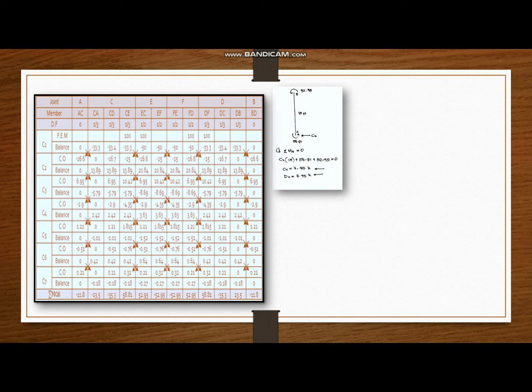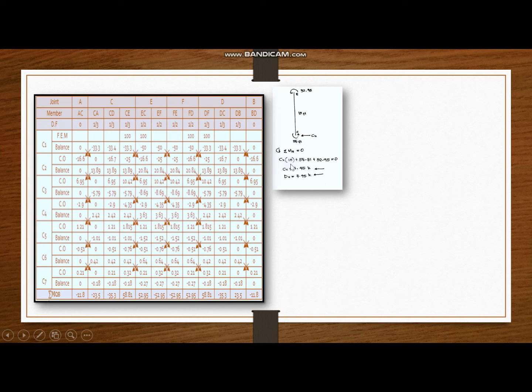Next is for our member CE. So, 15.95 and our length is 15 feet. So, our force is 58.81. So, all counterclockwise is positive. So, summation of moment is equal to 0.